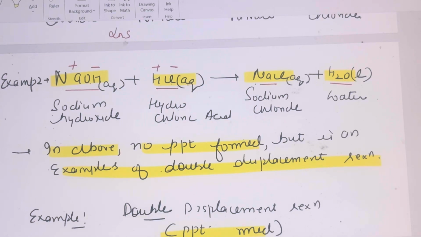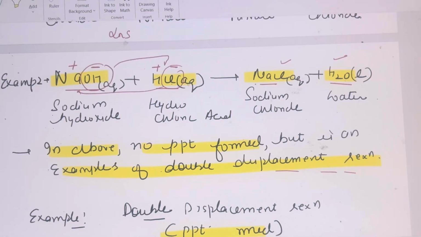Students, अब मैं यहाँ पर नेगेटिव को नेगेटिव से एक्सचेंज करूँगी. मीन्स this OH negative ion of this sodium hydroxide will move towards this side, and this chloride ion will move towards this side. स्टूडेंट्स आपको ये याद रखना है, अगर आप पॉजिटिव पार्ट को एक्सचेंज कर रहे हो तो आप पॉजिटिव को पॉजिटिव से करो, और अगर नेगेटिव को कर रहे हो नेगेटिव को नेगेटिव से एक्सचेंज करो. दिस इज द राइट वे, एंड इट विल लीड टू द फॉर्मेशन ऑफ टू न्यू कंपाउंड्स. सो इन दिस reaction, no PPT formed, but it is an example of double displacement reaction.